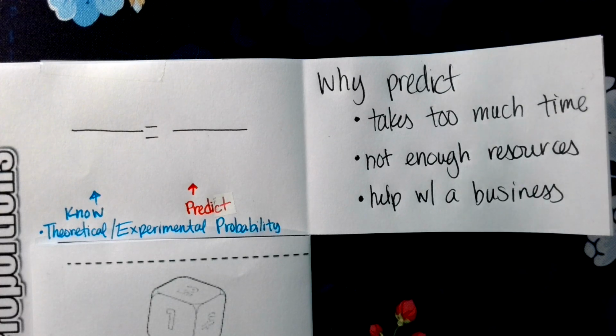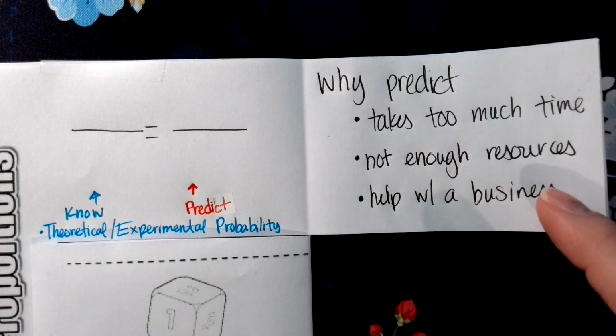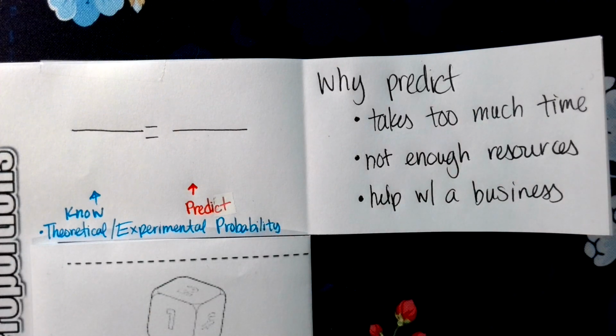We guess how much we think we're going to need, and hopefully that will match what we'll need in the future. Or in business, maybe you need to order some parts based off of what people have purchased in the past. There's other reasons why we predict, but those are just a few examples.